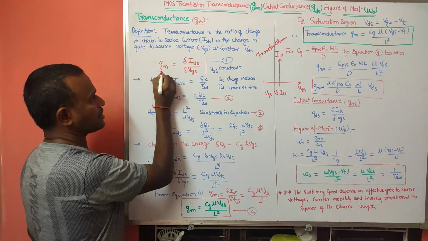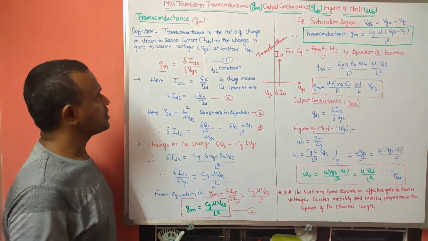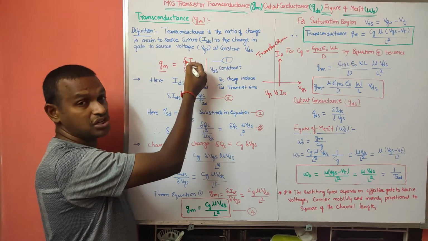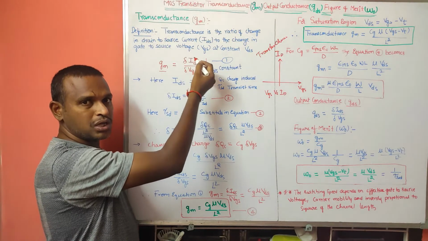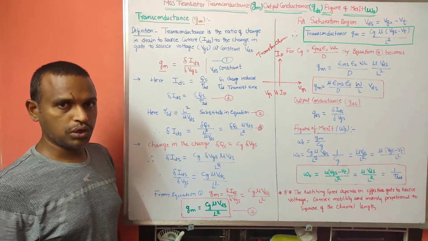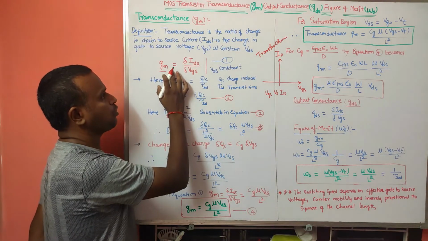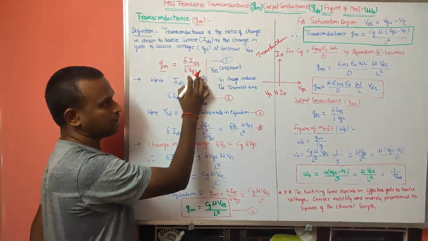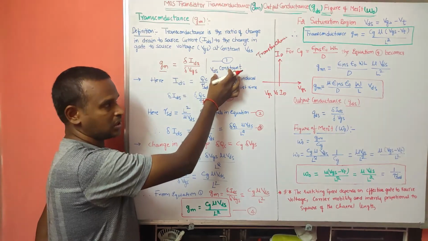So the transconductance of a MOS transistor is the change in the drain to source current to the change in the gate to source voltage. So Gm is equal to delta IDS by delta VGS, and VDS is constant.